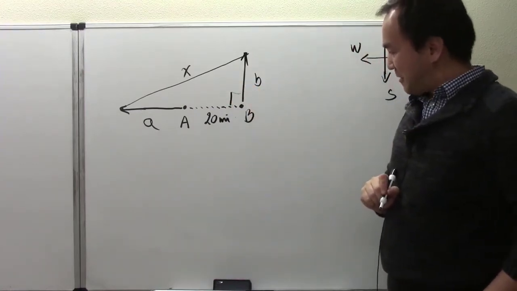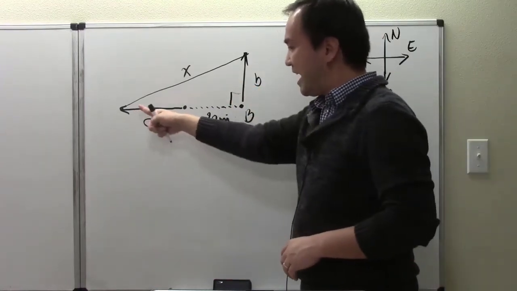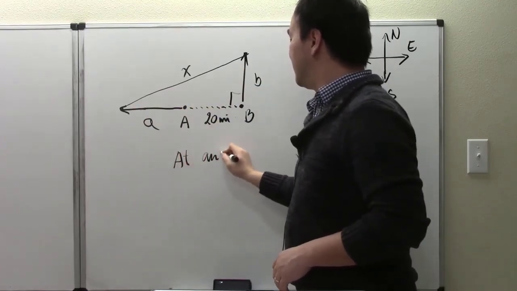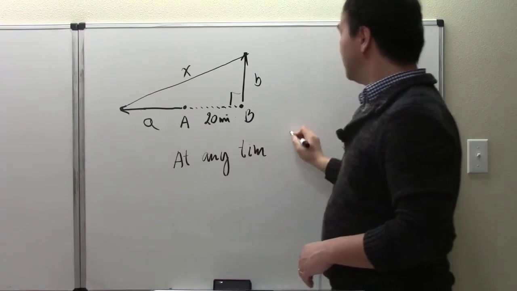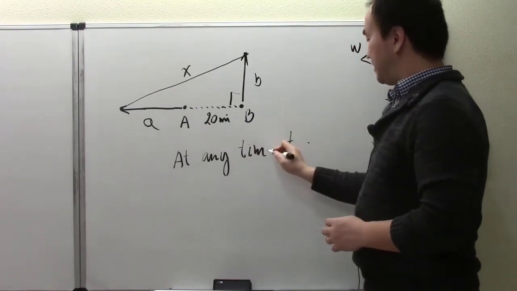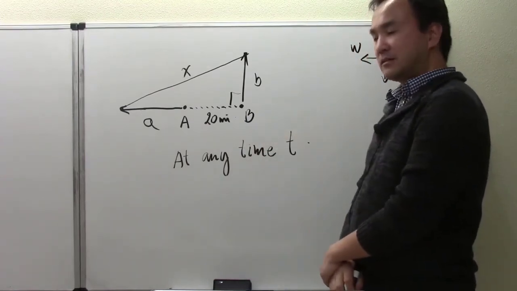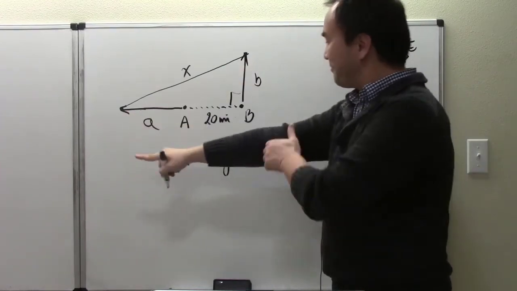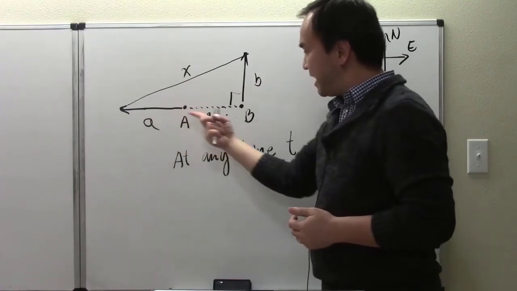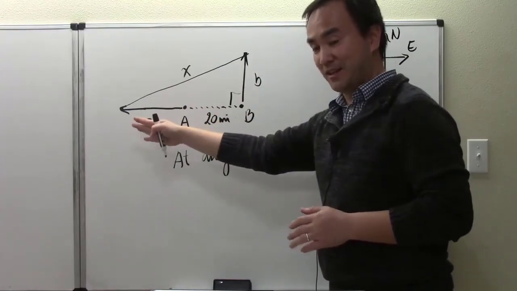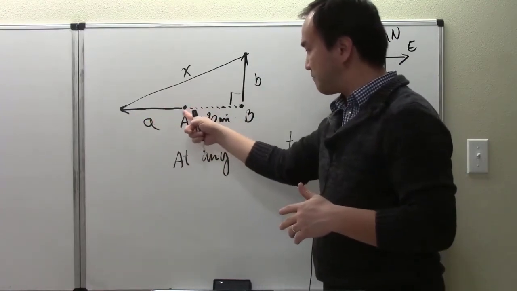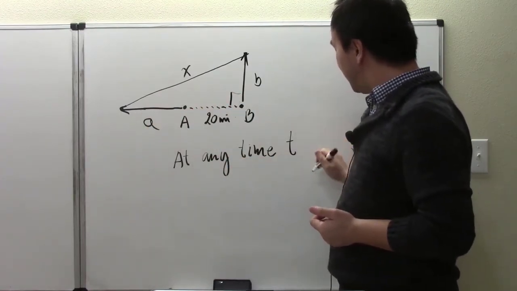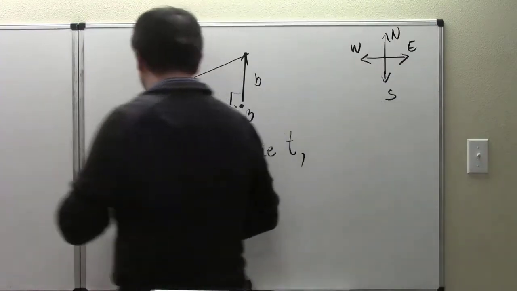Okay, and so now here's how I see it. At any time t, it could be t hours, t minutes, or whatever, we will have a triangular setup right here. My picture I'm drawing here is meant to show the distance, how much distance they have made at some time t. So at any time t, this is what I see.